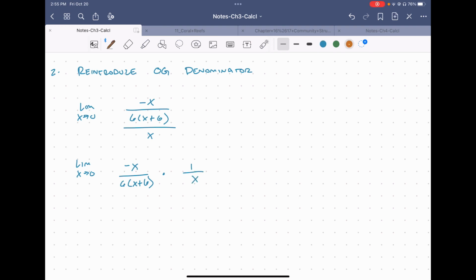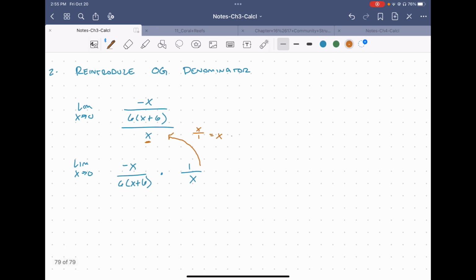The 1 over x came from this x, which, if you don't know why it's 1 over x, any number or any letter that's by itself is always over a 1. We just don't demonstrate it because that equals x. So to flip that, it will be 1 over x, and that is where we got this from. So we're going to multiply that through.